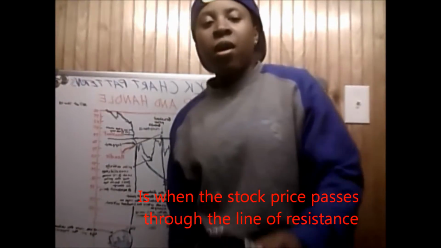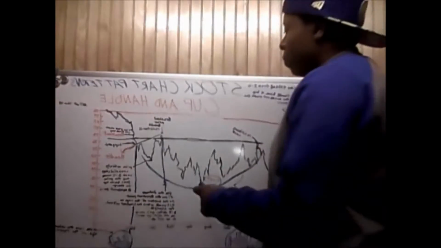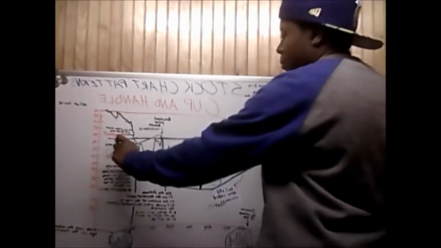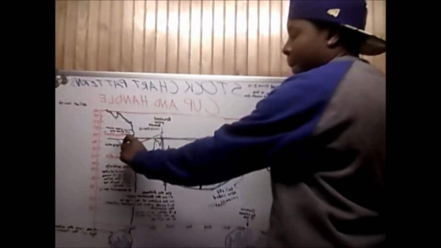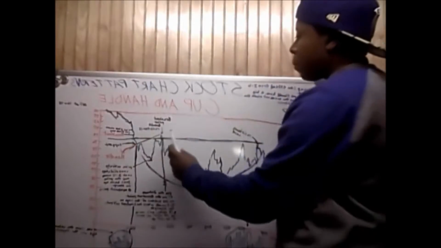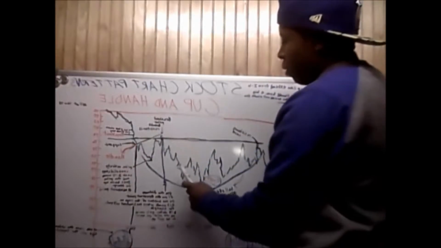Breakout is when the stock price passes through the area of resistance. So here you have, like we were just saying, your resistance level right here, and this is your breakout point. Now, why is this your breakout point?